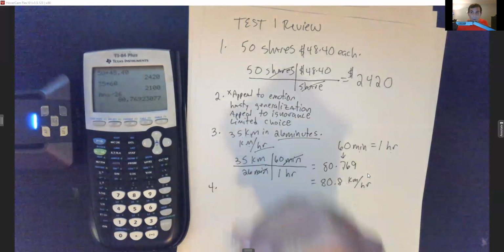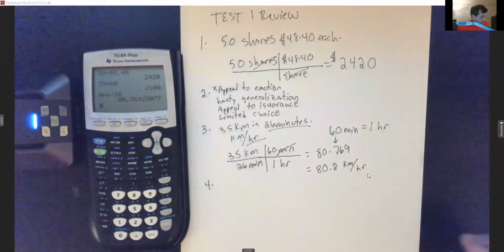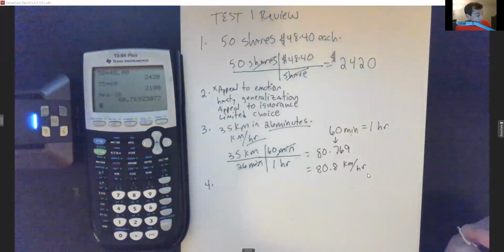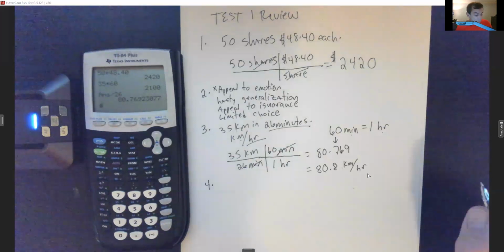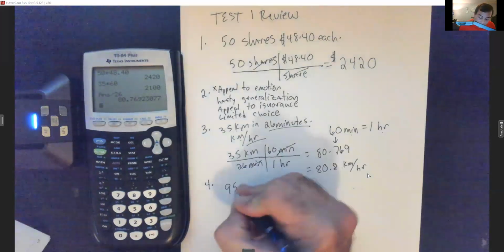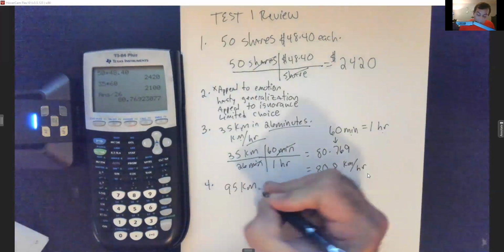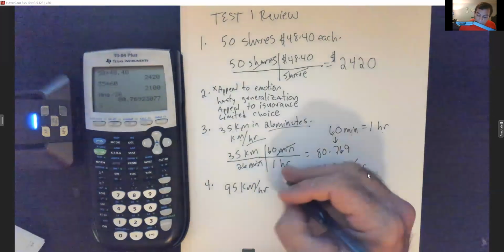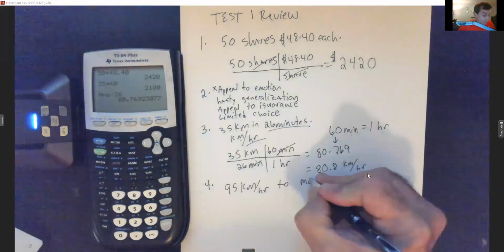All right, number 4. Well, let me get this paper straight. Convert the measurement to the unit specified. Round to the nearest tenth. So they want me to turn 95 kilometers per hour to miles per hour.